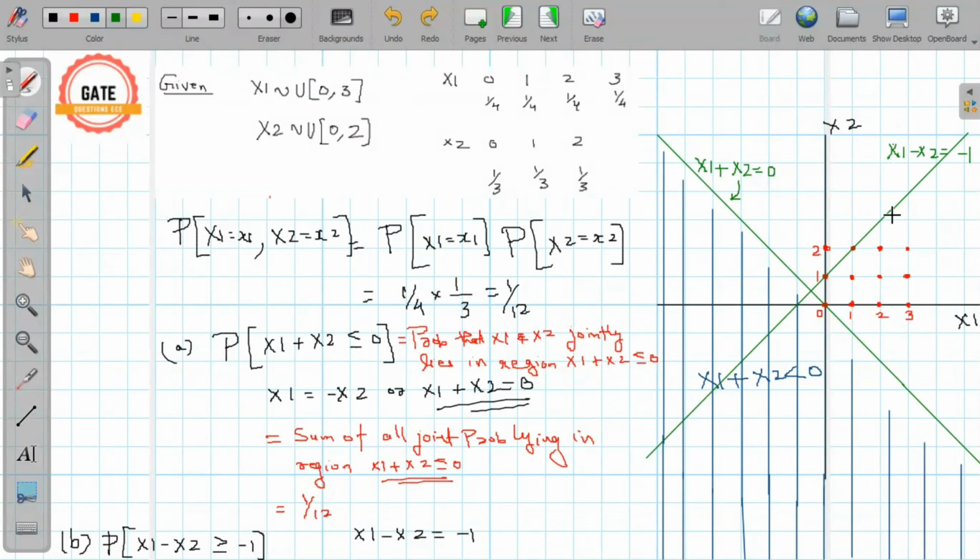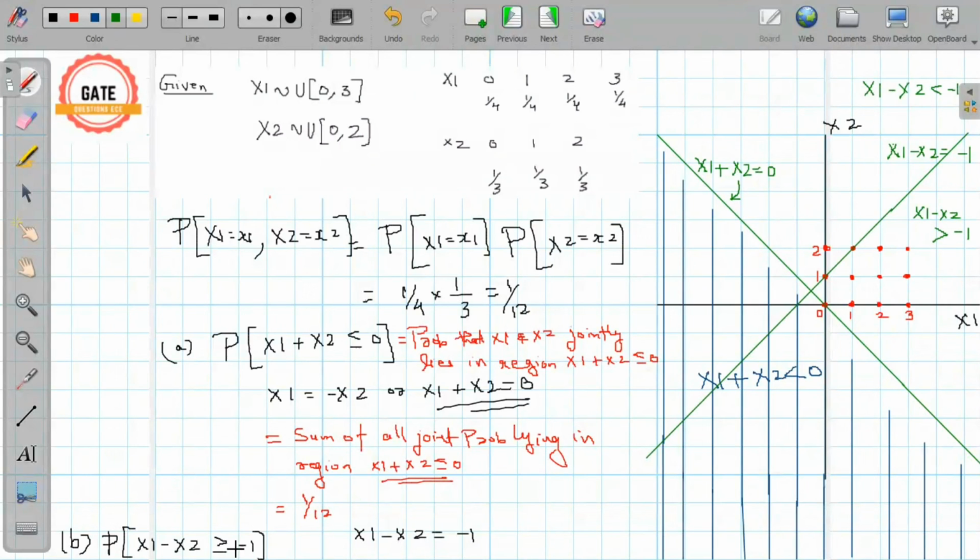The region that is lying above this x1 minus x2 is equal to minus 1 line, this whole region is the region which satisfies x1 minus x2 is less than minus 1, and the region that is lying below this line, this whole region is the region that satisfies x1 minus x2 is greater than minus 1.